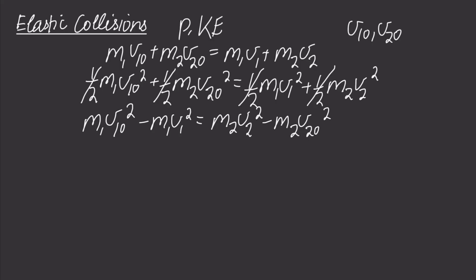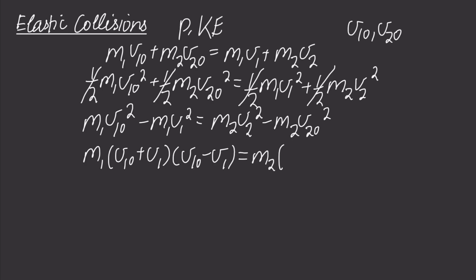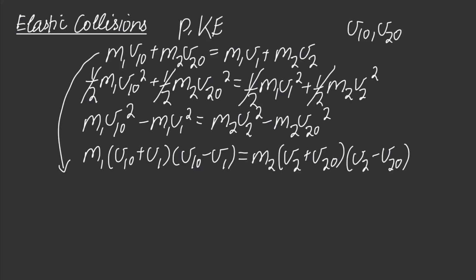Then, if you remember, a squared minus b squared is equal to a plus b times a minus b. So we bring the masses out and use that property to get this new equation. Next, we go back to the linear momentum equation and rearrange it so that all the same mass terms are on one side.